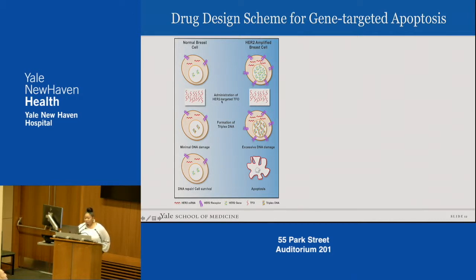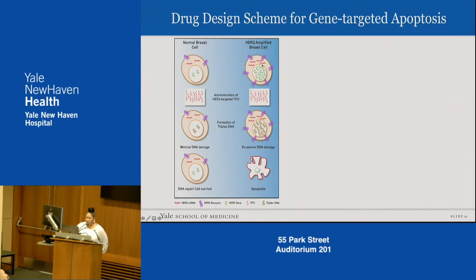If we design HER2-targeted TFOs, they could bind in the normal cell to only 2 copies of this HER2 gene to form a triplex. This would be recognized as damage by the nucleotide excision repair pathway, which would repair the damage, leaving you with a normal cell, and the cell will survive.